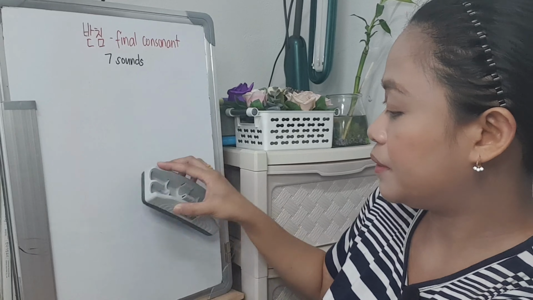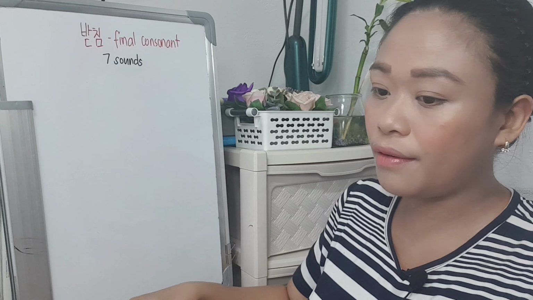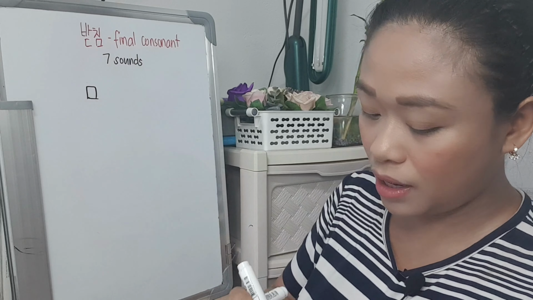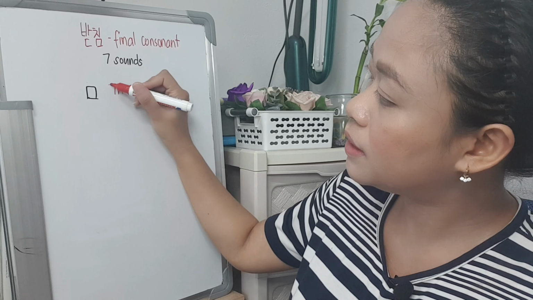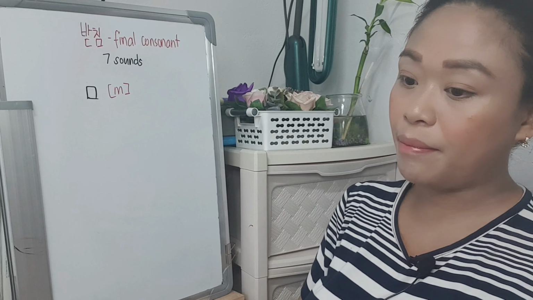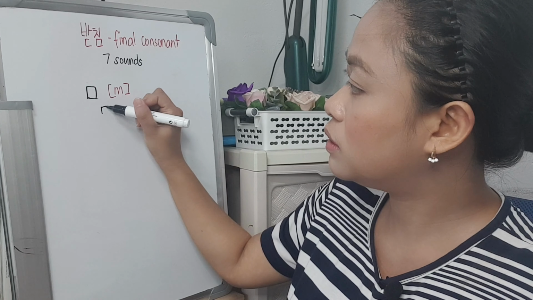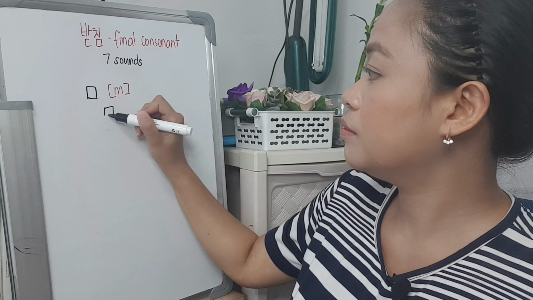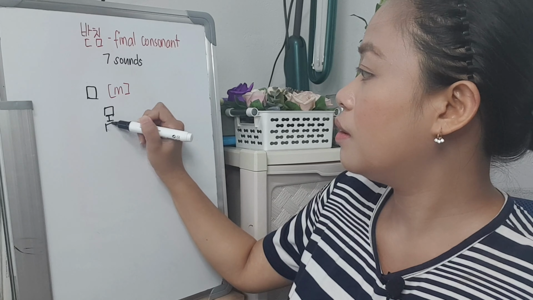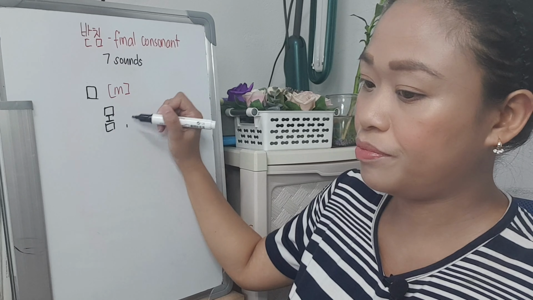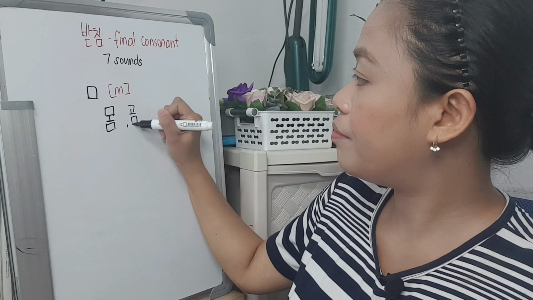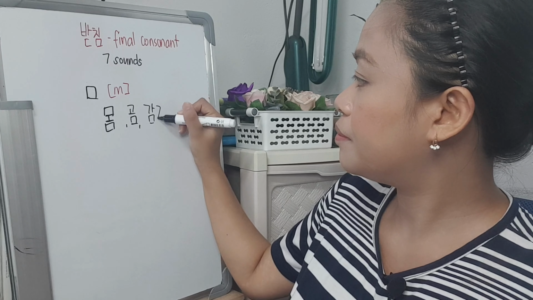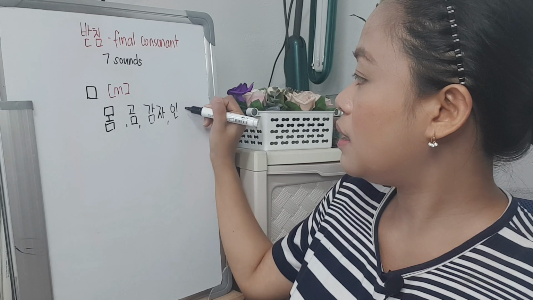Another one that we have is miyam, which represents the sound M. For example, mum, kum, kamja, insam.